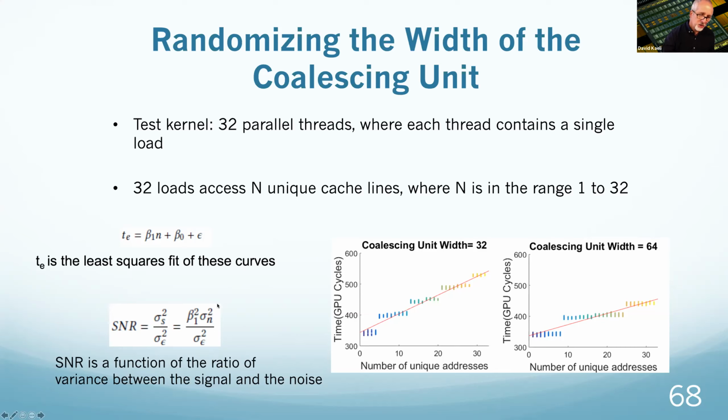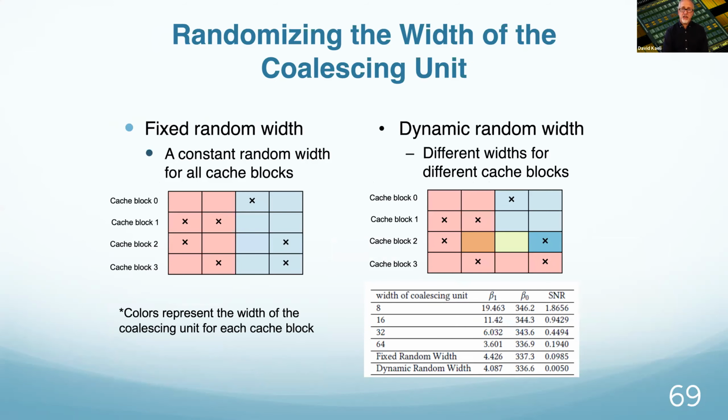What you want to do is reduce the signal to noise ratio, and to do that you want to introduce some randomness into the timing channel. Changing the coalescing unit width dynamically could do this, but the BCOL approach showed that it hurts performance significantly.